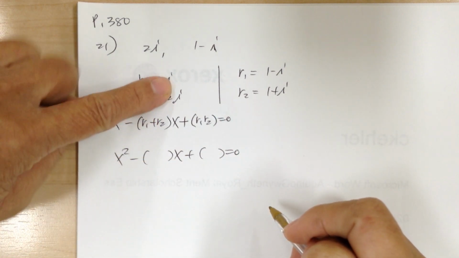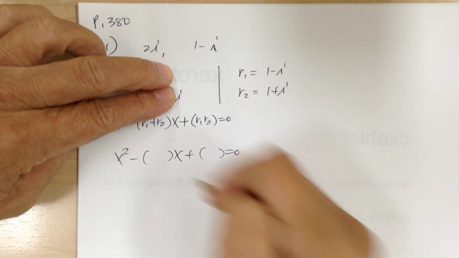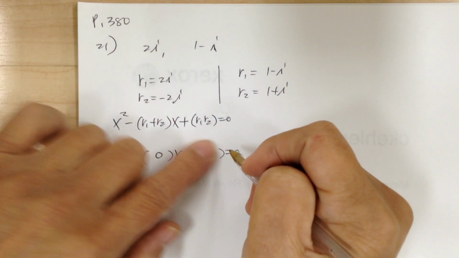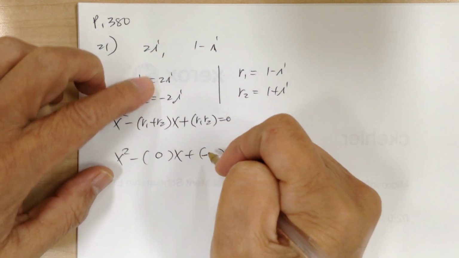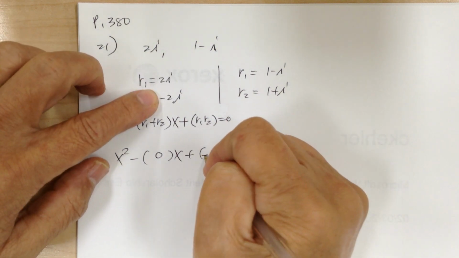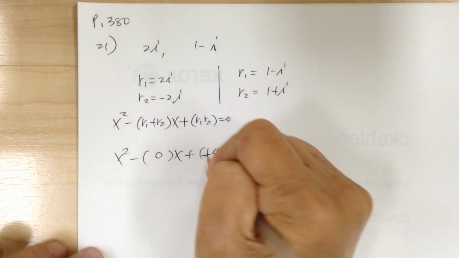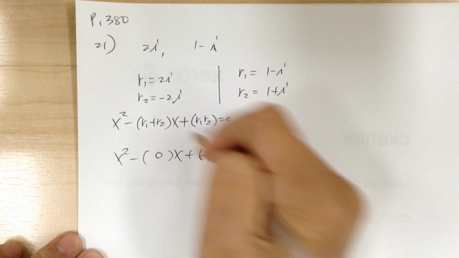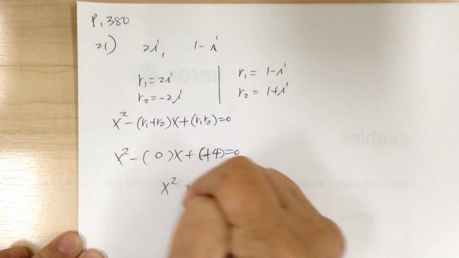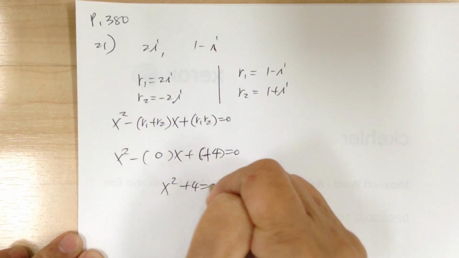So when I add, this can cancel out. When I multiply, I'm going to get negative, right? Positive times negative is negative. 2 times 2 is 4. i times i is positive. And so from these 2, I get x squared plus 4 equal to 0.